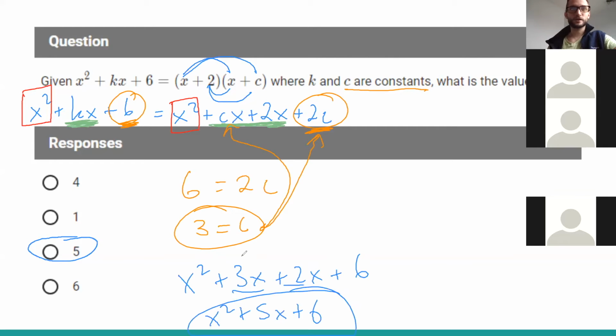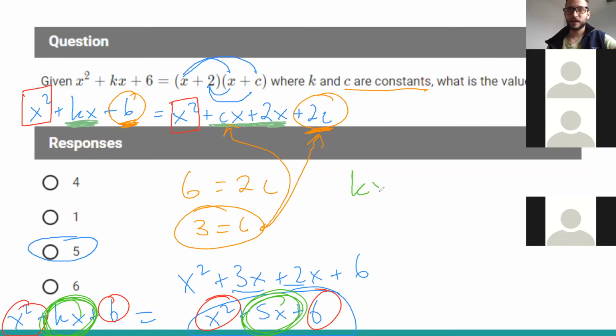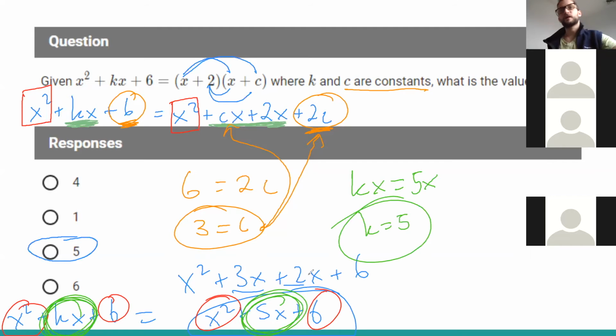Now this expression is equal to what we had on the left: x squared plus kx plus 6. Once again, here's the x squared, here's the 6, so that leaves me with kx equal to 5x. If kx is equal to 5x, we get rid of the x on both sides, and k has to be 5. My answer here is going to be C.